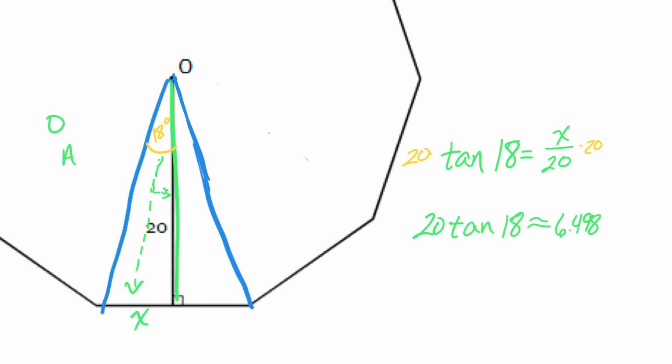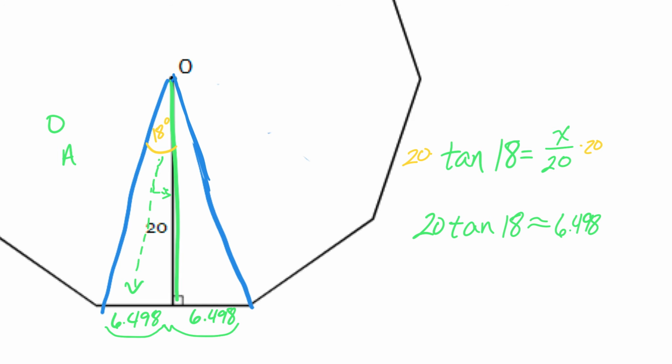So this side that we've got here is approximately 6.498, which means this side would be 6.498. Which means the entire side would be this.